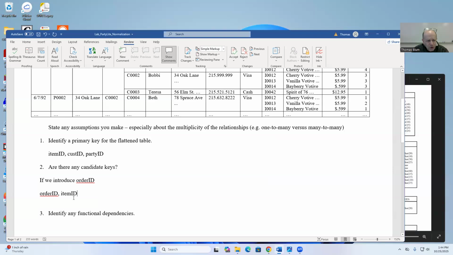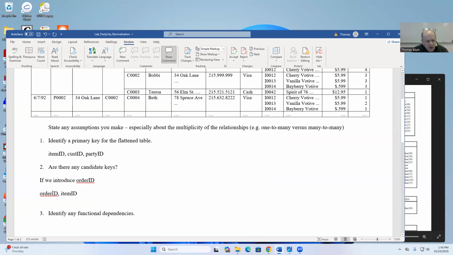But the order for us would determine the customer. A customer may have many orders, but an order has one customer. So customer is sort of implied in there. And party is probably implied in there too, that the order came from a party.